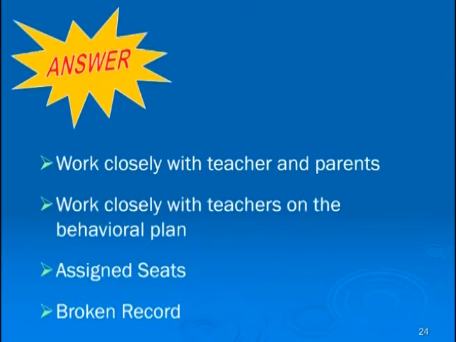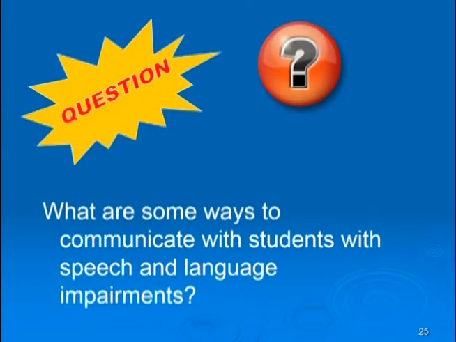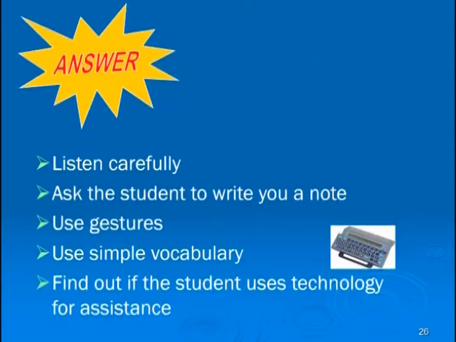Work closely with the teacher and the parents, especially working closely with the teacher on the behavioral plan. Use assigned seats and use the broken record technique. What are some ways to communicate with students with speech and language impairments? Listen carefully, ask the students to write you a note, use gestures, use simple vocabulary, find out if the student uses technology for assistance.